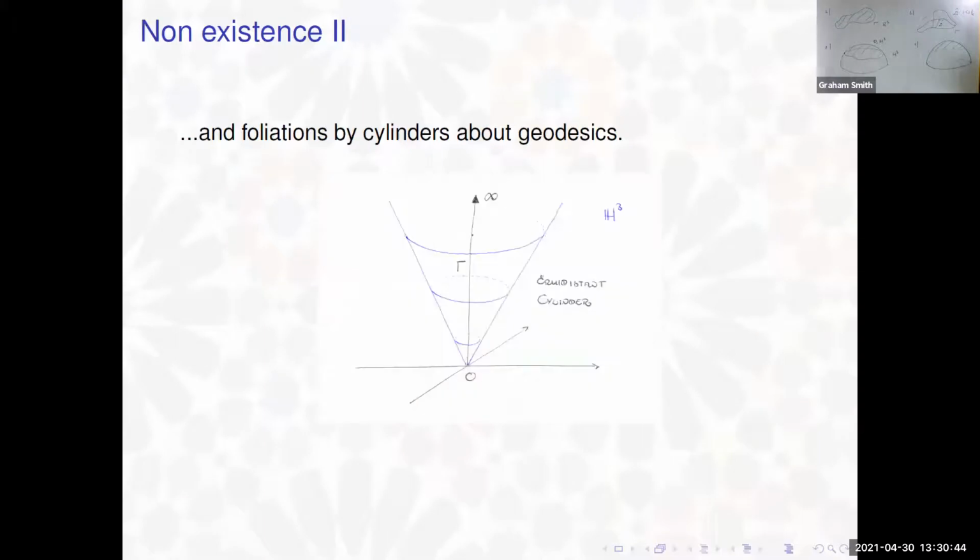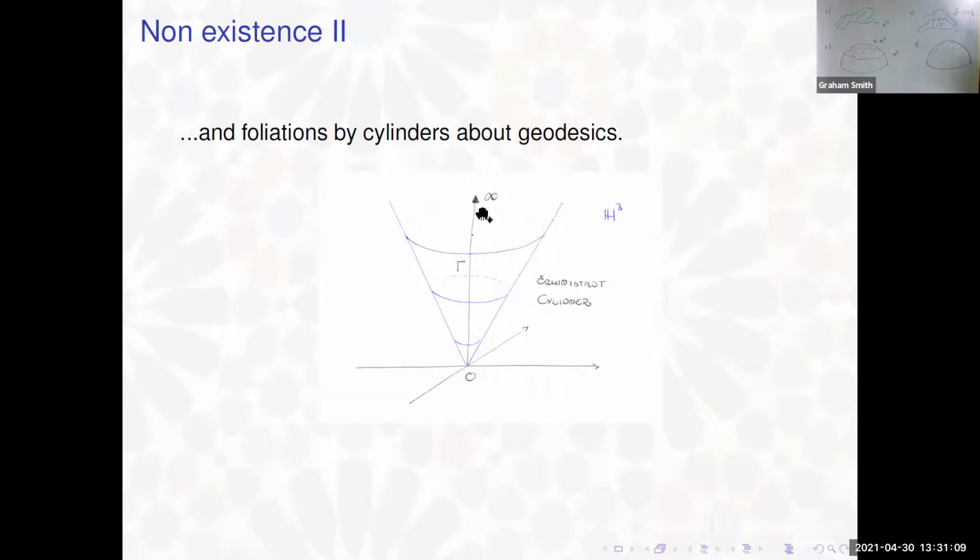The same idea works when you're dealing with a domain whose complement consists of 2 points. Omega has a complement consisting of 2 points, which we may suppose are 0 and infinity. We then take the geodesic joining these 2 points in hyperbolic space, and we foliate the complement of this geodesic by equidistant cylinders from this geodesic.